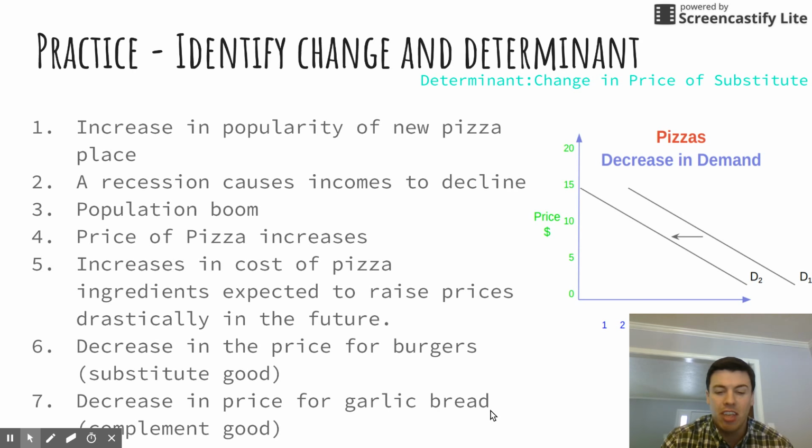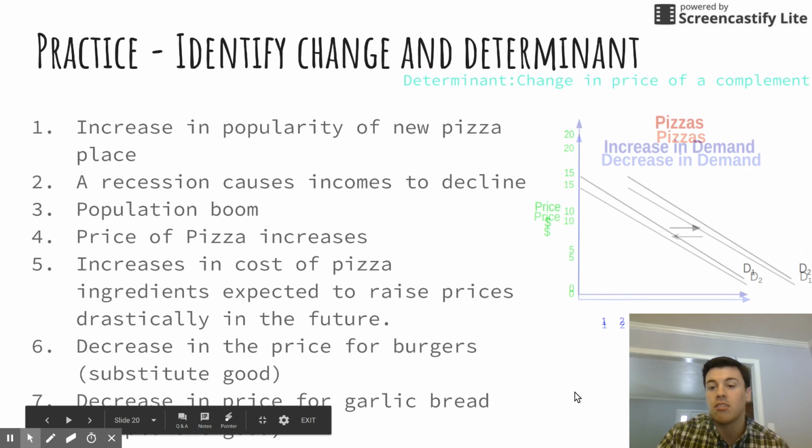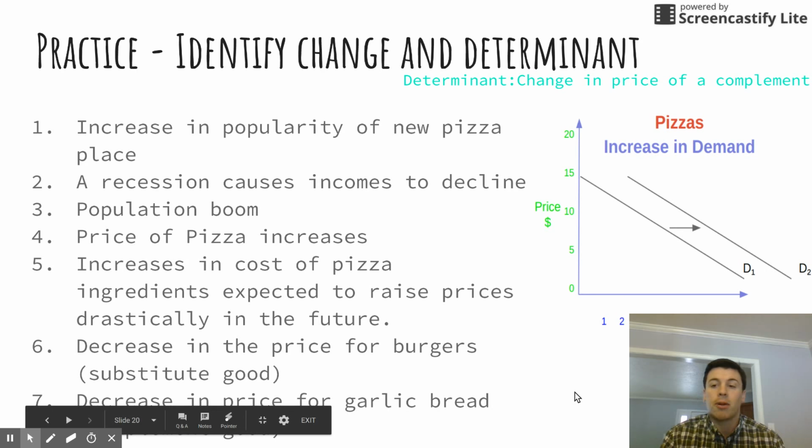Kind of a flimsy example with the garlic bread and pizza, but since the price of garlic bread is going down, that's going to lead to an increase in quantity demanded for garlic bread. But we're not talking about garlic bread. We're talking about pizza. So what happens to pizza? An increase in quantity demanded for garlic bread means that people are going to buy more garlic bread, which means they'll also buy more complementary goods such as pizza. So we should expect an increase in demand based on a change in the price of a complement.